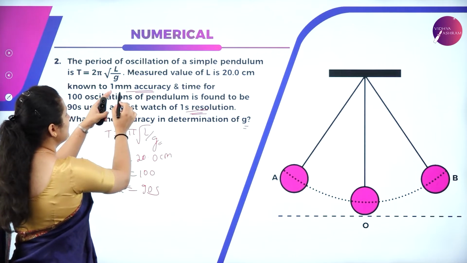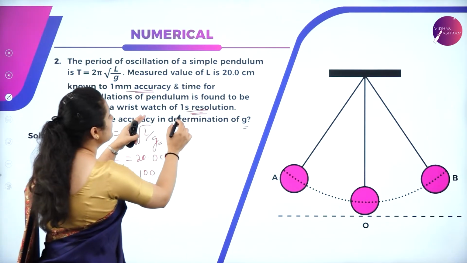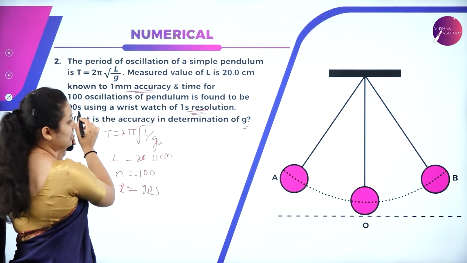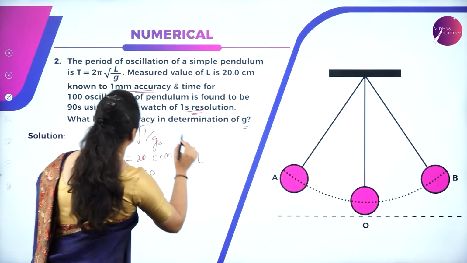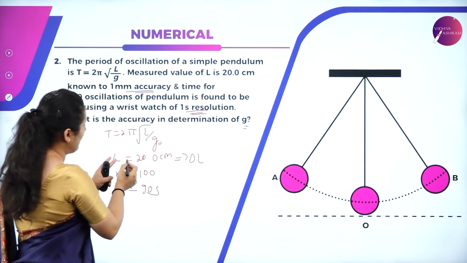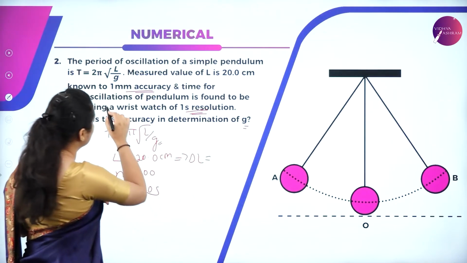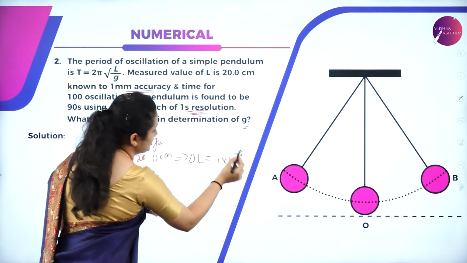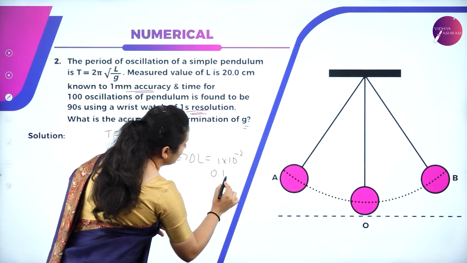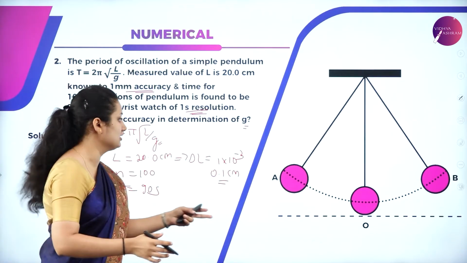So, carefully listen. He has given 1 millimeter accuracy in length and 1 second resolution in time. That means here my delta L is given with 1 millimeter accuracy. So, length is in 20 centimeters, and this is in millimeter. Convert to centimeter. So, what will it be? 1 into 10 to the power minus 2. Shift 0, it will be 0.1 centimeter. 10 to the power minus 3 is millimeter.